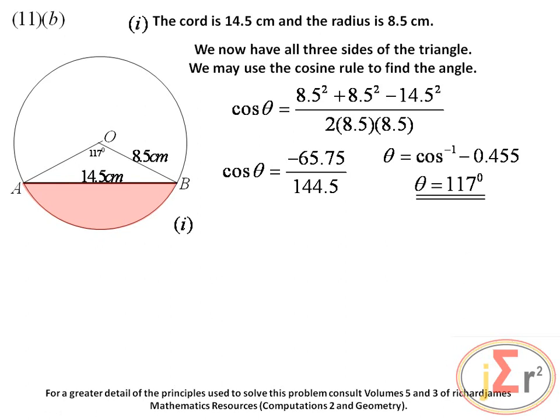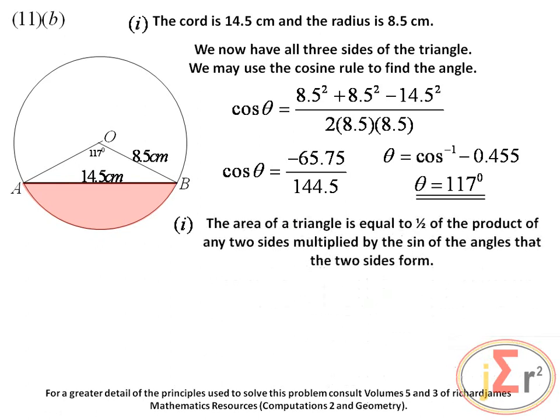Calculate the area of the triangle AOB. The area of any triangle can be calculated by taking half of the product of any two sides and multiplying that result by the sine of the angle that the two sides form. So we have these two sides. We know that 8.5 is the radius. So over on this side, 8.5 is the radius again.